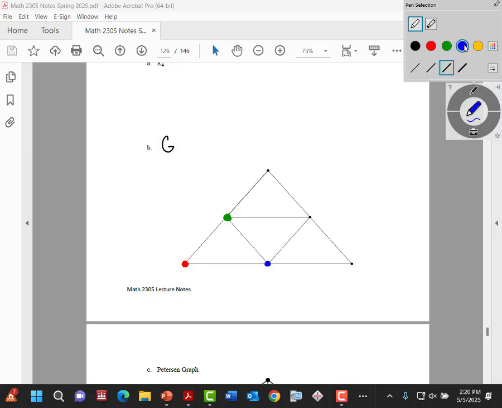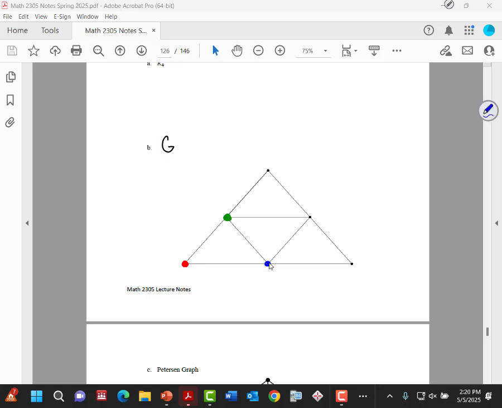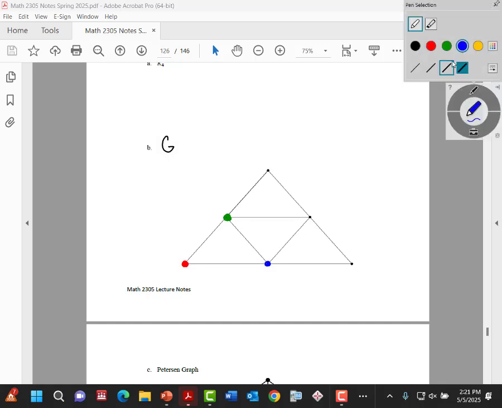Okay. Well, this one is blue. He's incident to this vertex right here that's colored green. I can't color this guy green, but I wish to try to use the minimum number of colors as possible. So I'm going to slide up here to this next vertex and color him red.